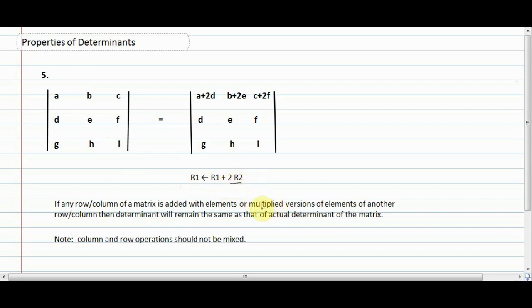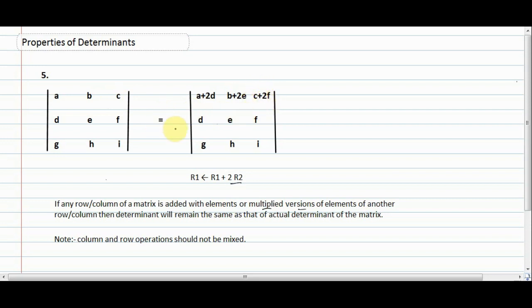So we are changing row 1 to row 1 plus 2R2. So let's see how this matrix is getting modified. You may see that A is getting modified as A plus 2D, B is getting modified as B plus 2E, and C is getting modified as C plus 2F.